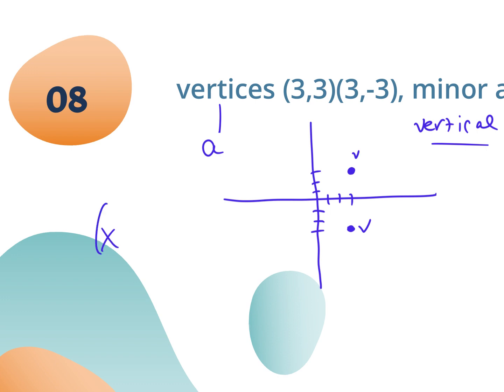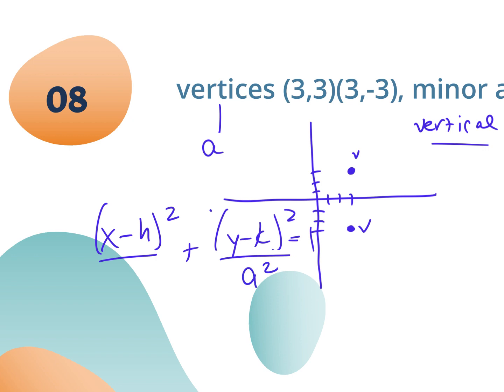So it's really x minus h squared, and then y minus k squared. What letters are going underneath? a squared's going where? Underneath the y, okay. And then my b squared's here.